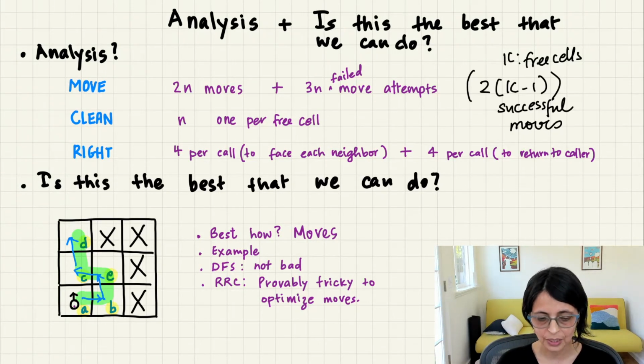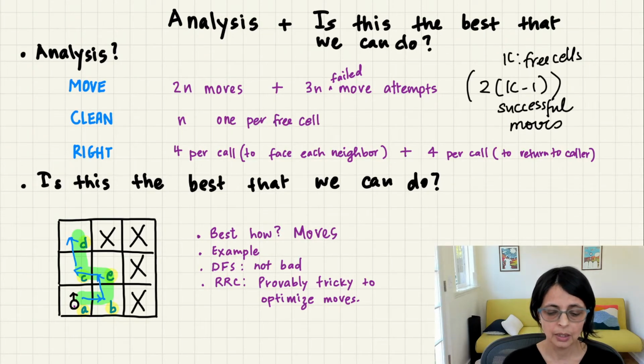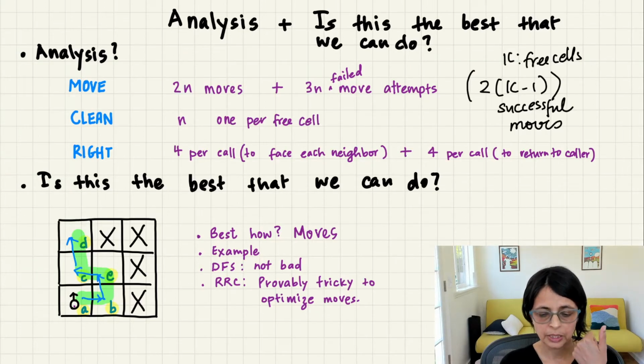There's nothing left. So the optimal number of moves for this will be move from A to B, that's 1, B to E, that's 2, E to C, that's 3, C to D, that's 4. So optimal number of moves will be just 4 moves.